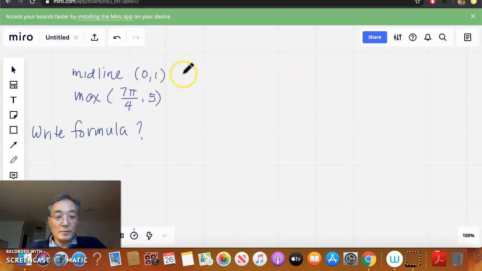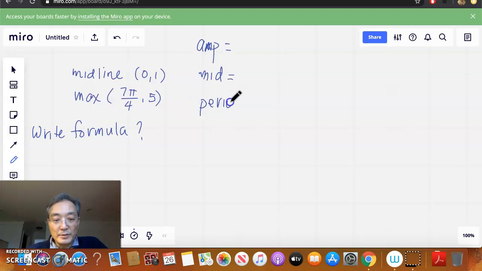Again, the most important things we need to write our function are the amplitude, correct? We need the amplitude. It's an m, by the way. We need the midline. We need the period.